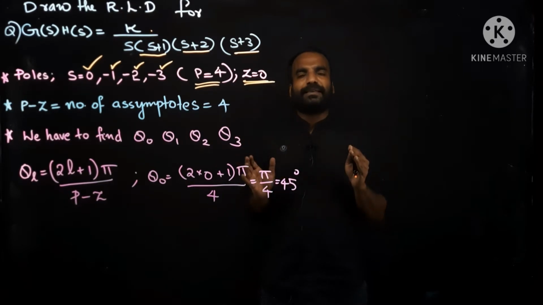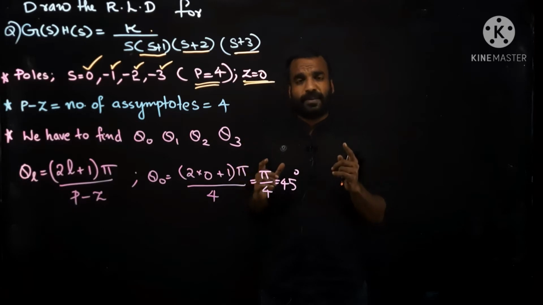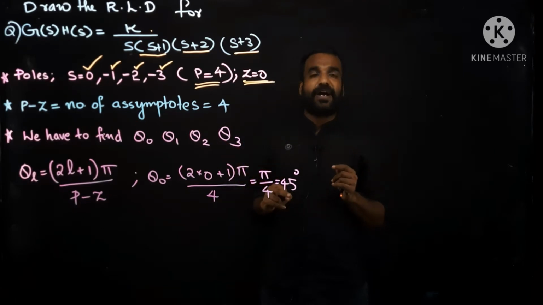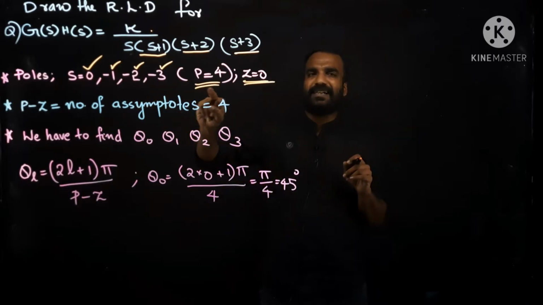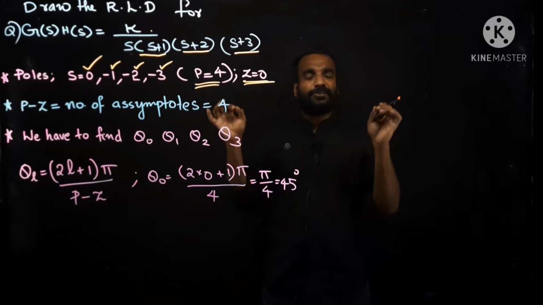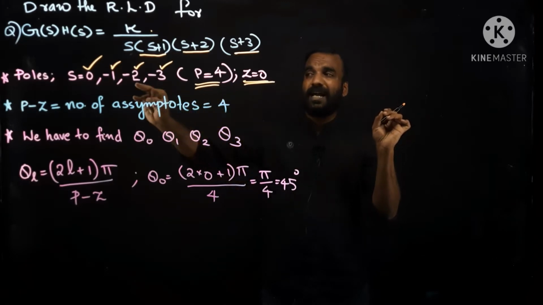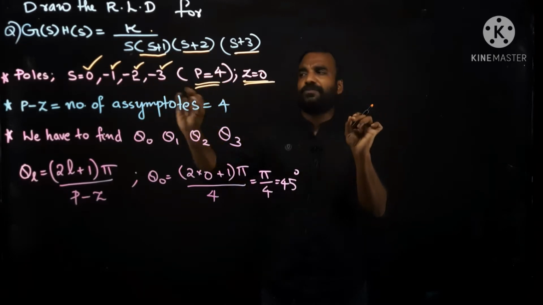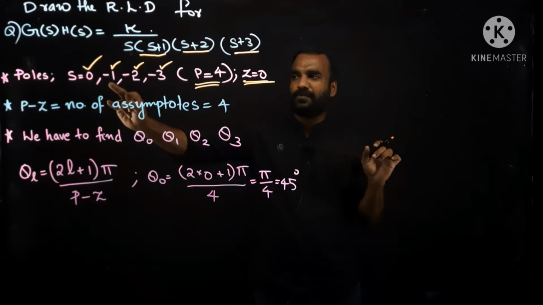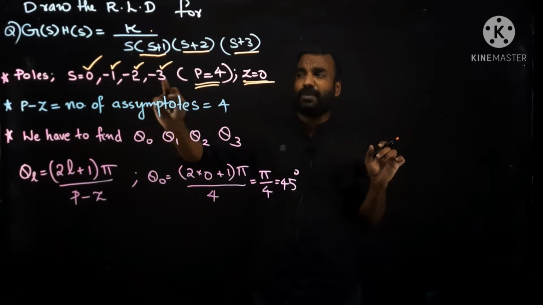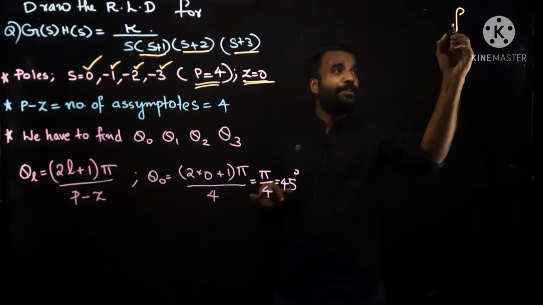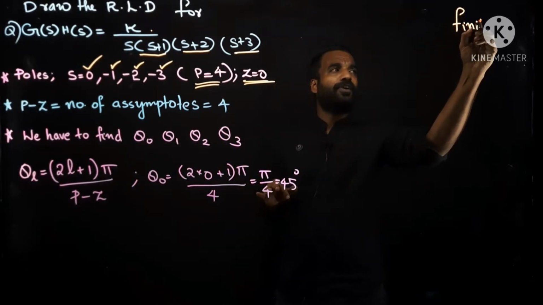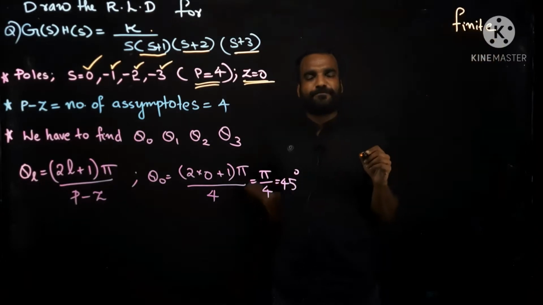But in this case, we have 4 finite poles. What do you mean by finite poles? 4 poles are there in the question itself, at 4 specific positions. We know 0 is one position, minus 1 is one position, minus 2 is one position, minus 3 is one position. So we have 4 finite poles.